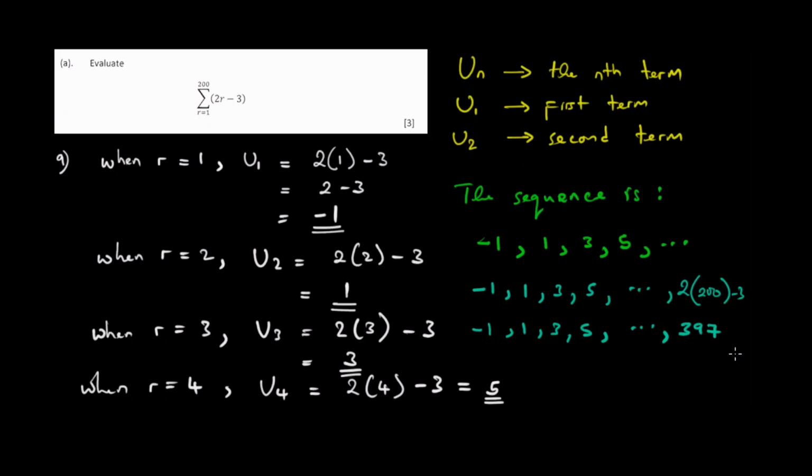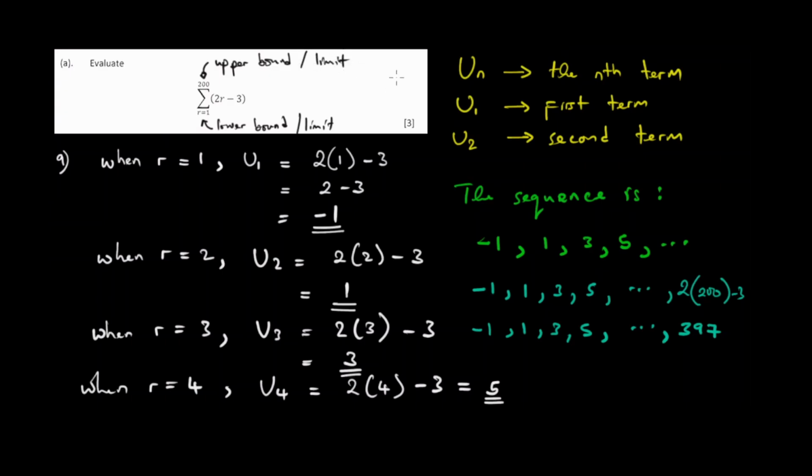The last term is what we get when we take the expression 2r minus 3 and substitute r with 200. Since we are given the limits, if we are to interpret the information we have, we have the lower bound, or lower limit, and the upper bound, or upper limit, like this.